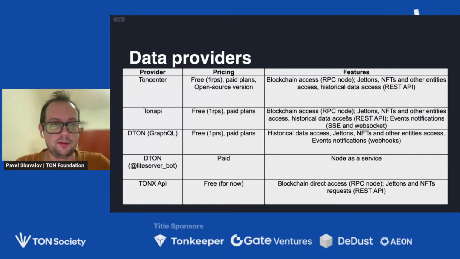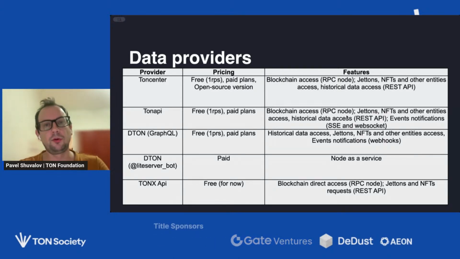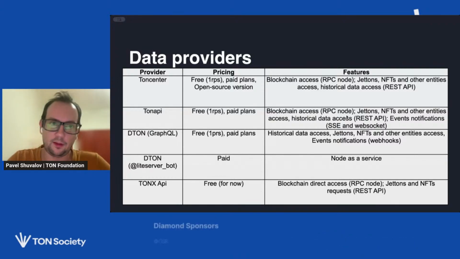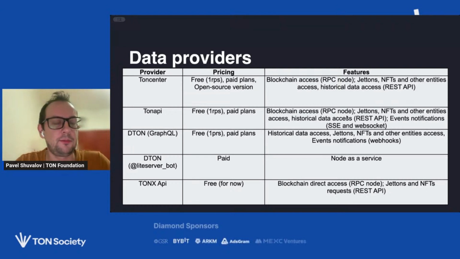So let's start with data providers. Currently, we have a lot of good quality data providers. On this slide, I collected data providers from our ecosystem. First of all, it is TON Center.